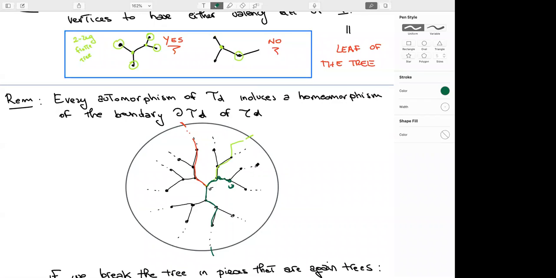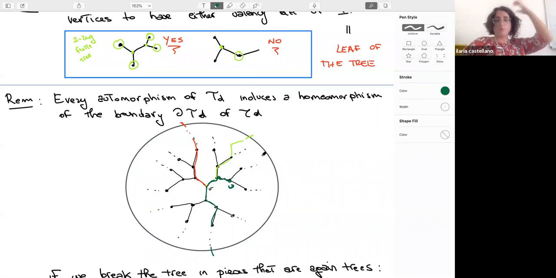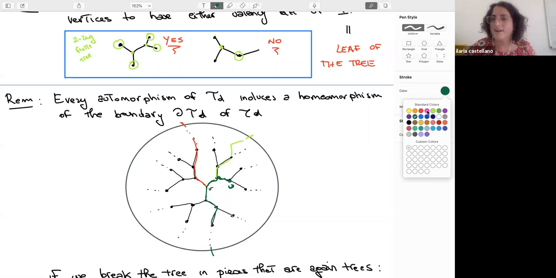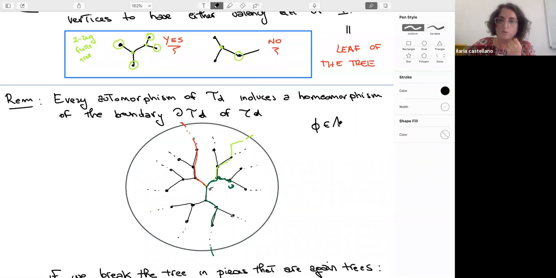Okay, thank you. Welcome. So yeah, this was not very precise as a definition, but I just want to define this group, so I need to jump over some details. Okay, so this is the boundary. Now, if we consider phi an automorphism of the tree, you can imagine that phi is going to move the tree. But since it is moving the tree, it is also moving the boundary, because it is sending this ray to some other ray somewhere.